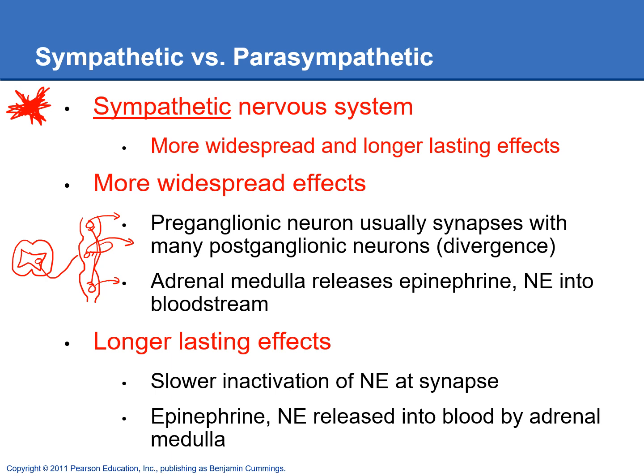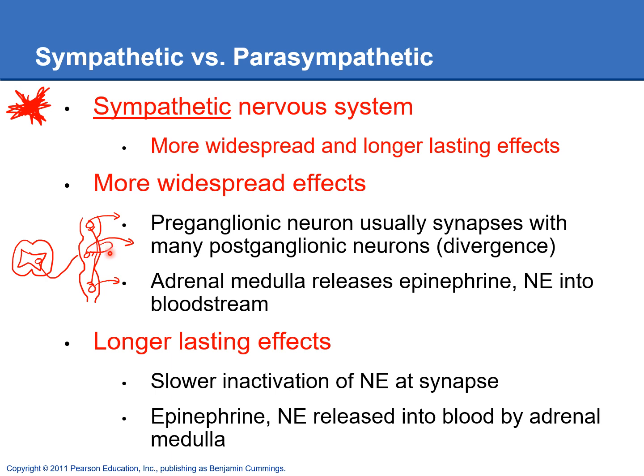Okay, so why do we get these widespread effects? Well, there's two reasons. The one has to do with this sympathetic chain pathway that we talked about before. So remember that we've got this preganglionic neuron starting in the spinal cord, and then it's going to synapse with the postganglionic neuron in this sympathetic chain right outside the spinal cord.